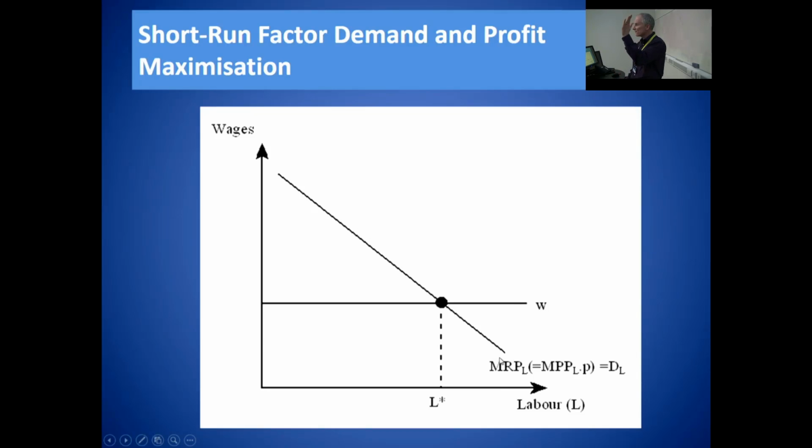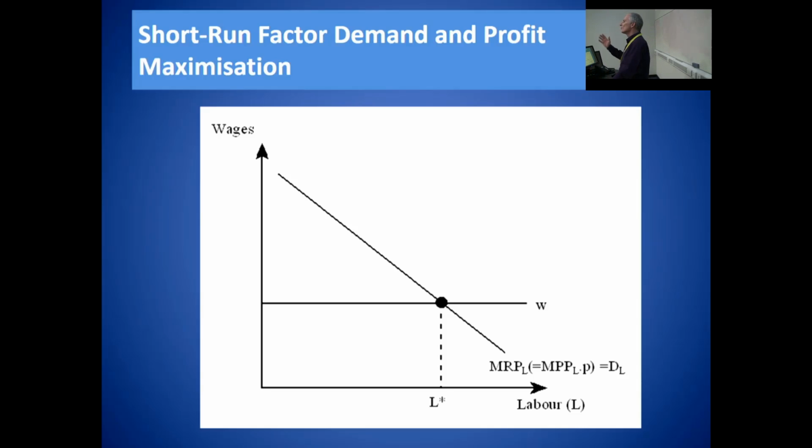So if you take marginal physical product, which slopes downwards, and multiply it by a constant price, that schedule is still going to slope downwards. And that is the marginal revenue product of labour schedule. So, what will a firm do? Maximise profits by equating wage with the marginal revenue product of labour.